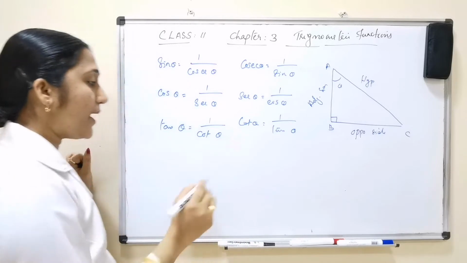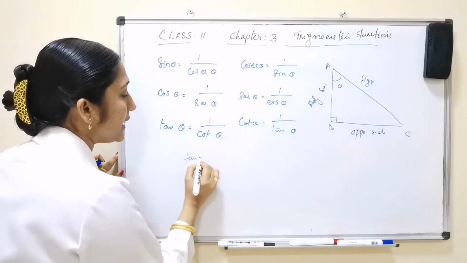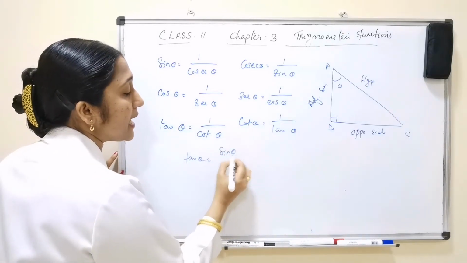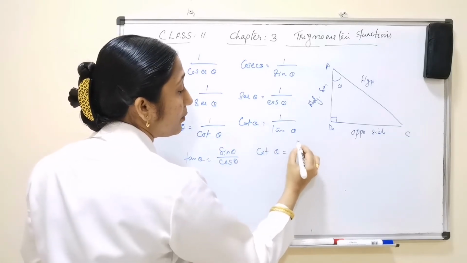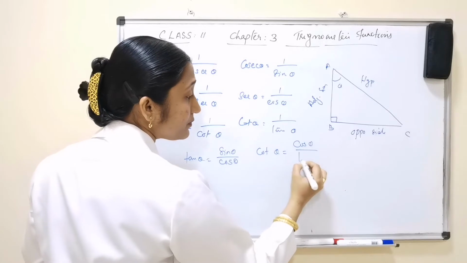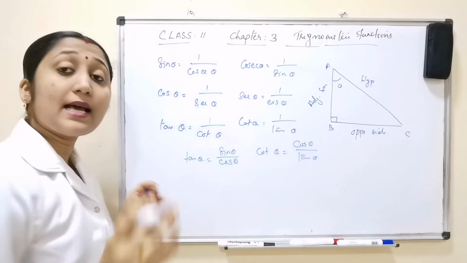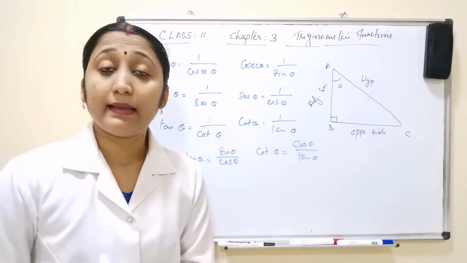Also we want to know tan theta is equal to sin theta by cos theta, and cot theta is cos theta by sin theta. These are the relations we studied in class 10.